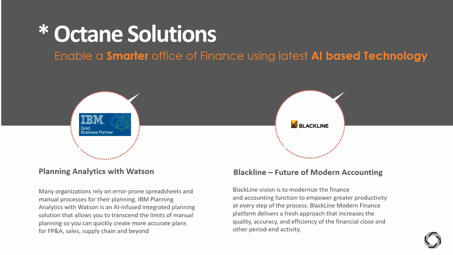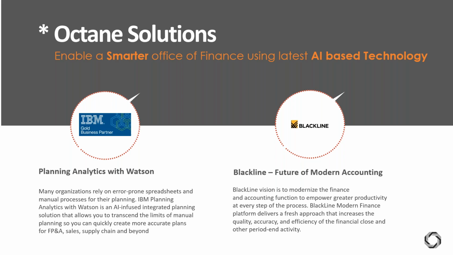The main 2 solutions that we deal in are IBM Planning Analytics, and today's webinar is on IBM Planning Analytics, and most of you would be aware of it already, so I won't talk much about it. But one thing we all know is it is one of the best planning applications out there. The other tool we deal with is Blackline. If you haven't heard of Blackline or don't know what it is, it's probably a good time to do some research.